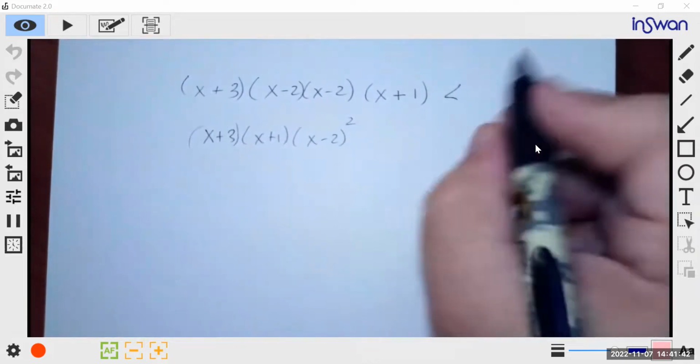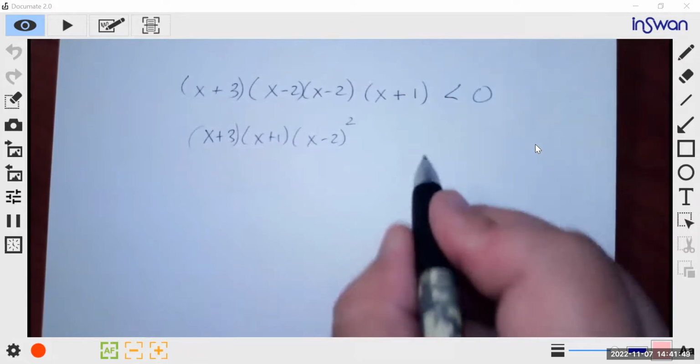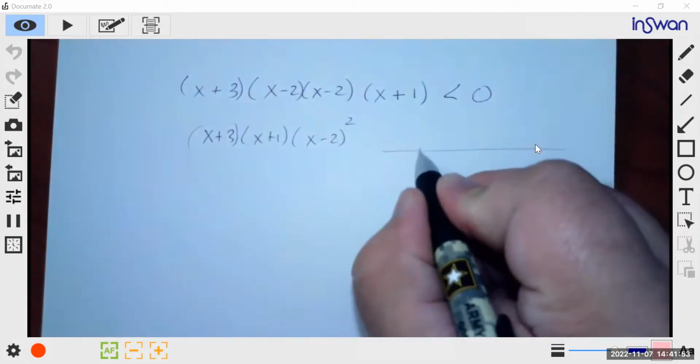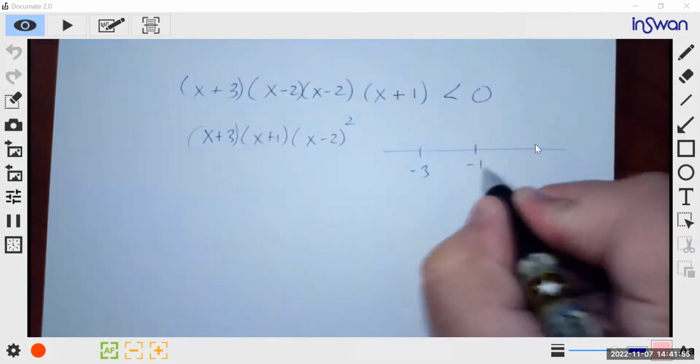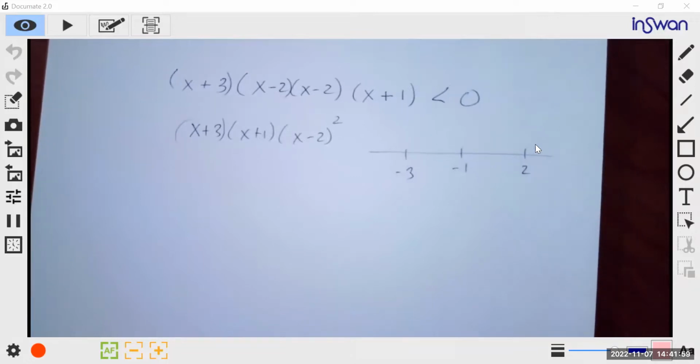So what if I said I only want less than 0? So my critical values are at negative 3, negative 1, and 2. What's the degree of this polynomial?